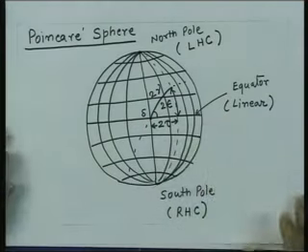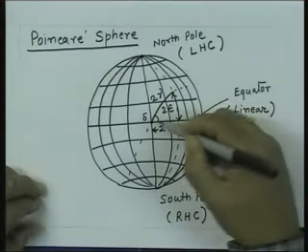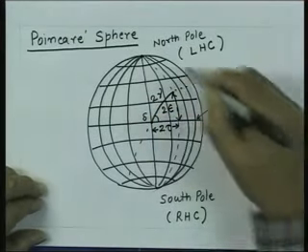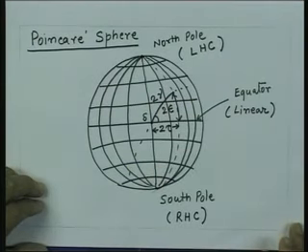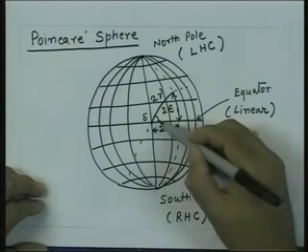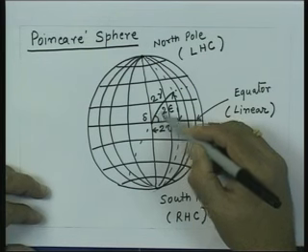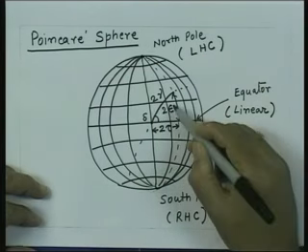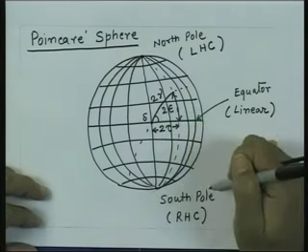Also, we note that for any point which is lying on the northern hemisphere of the sphere, delta is positive. This axial ratio is positive.